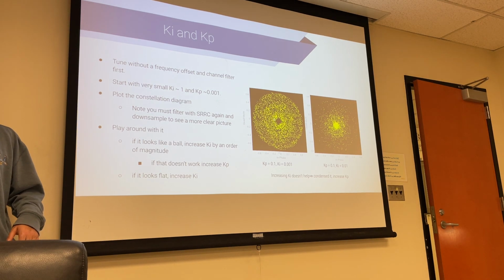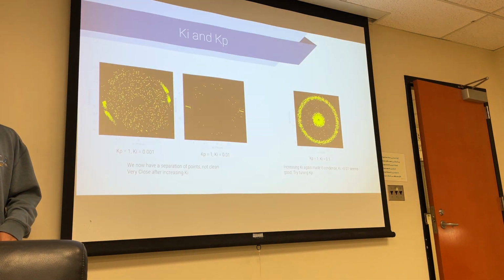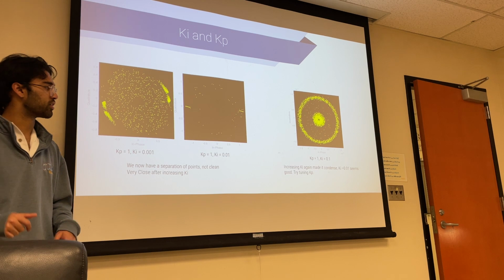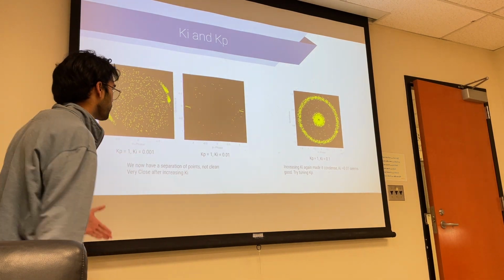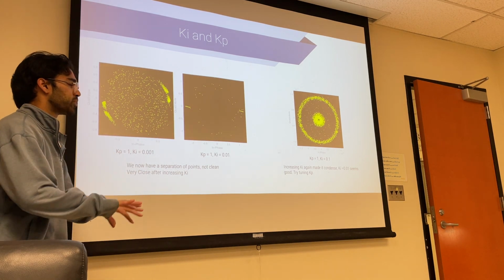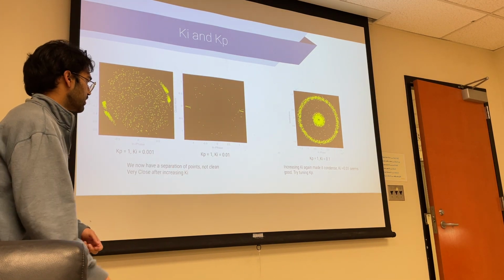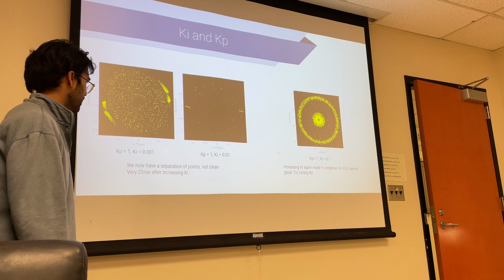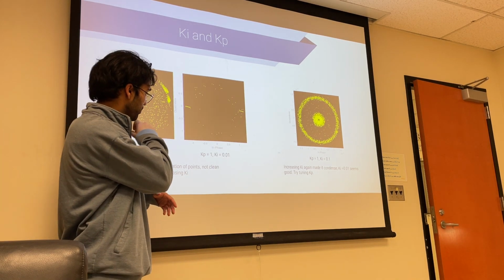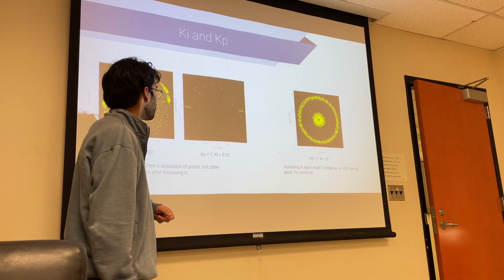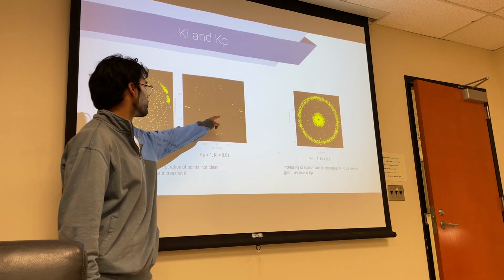So next thing I did was increase Kp, because hopefully this will get us in a better direction, and now we have a split, 2 clumps in a way. This is the more right direction, and knowing Kp was around here, I increased Ki a little bit, and we have nice clumps over here and here.